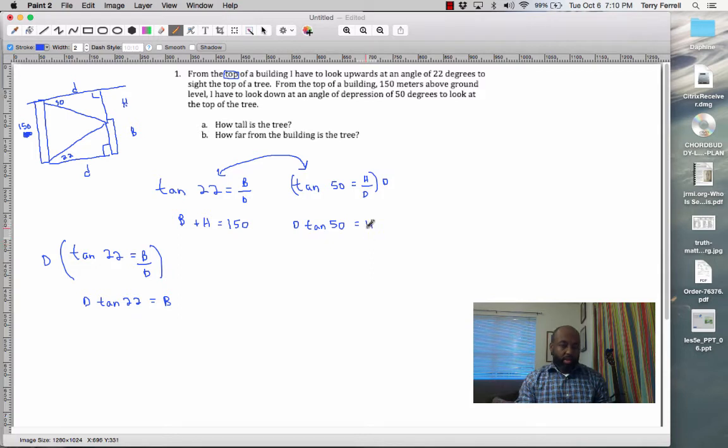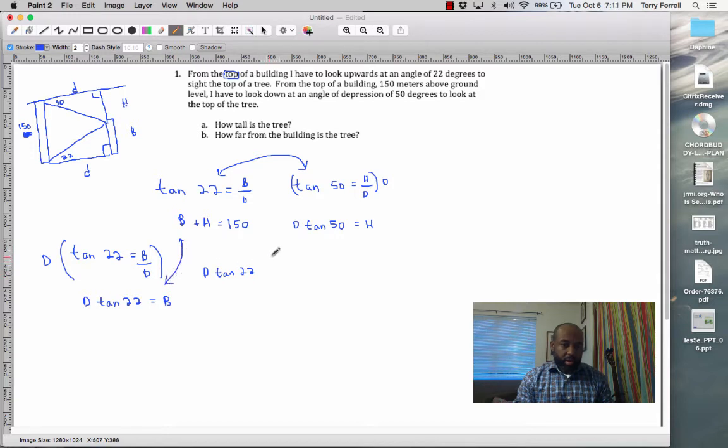Now look at this. I have some expression equal to H, some expression equal to B. I'm just going to plug it in here. So B is D tangent of 22. That should be here. Let's draw an arrow.